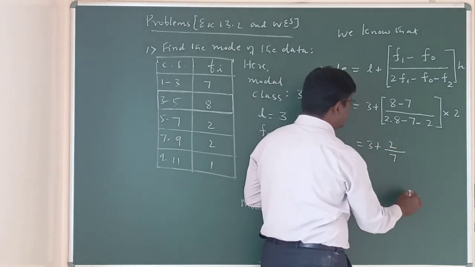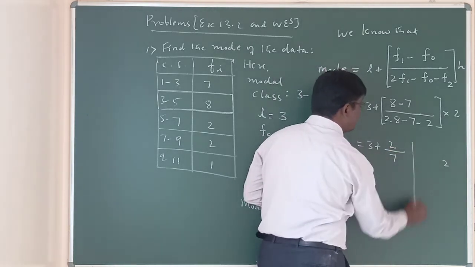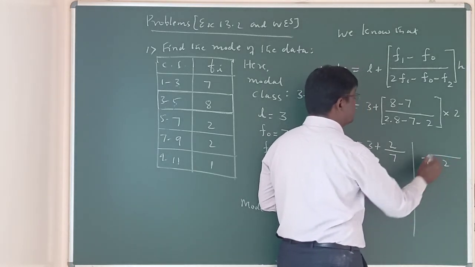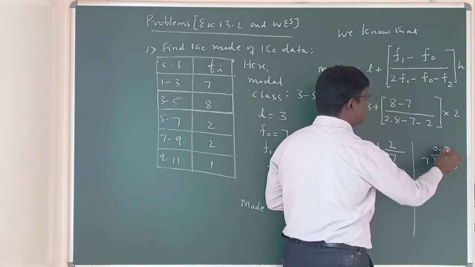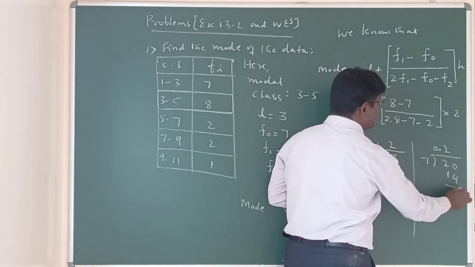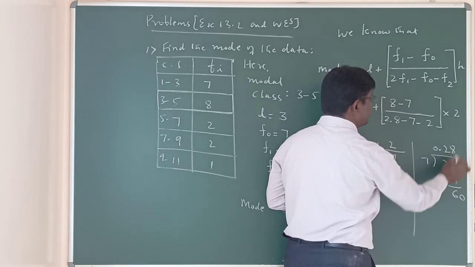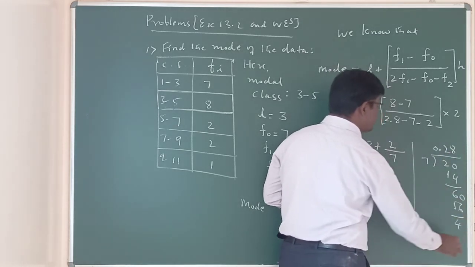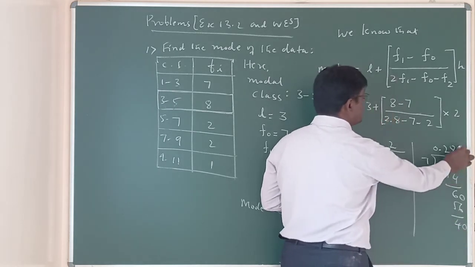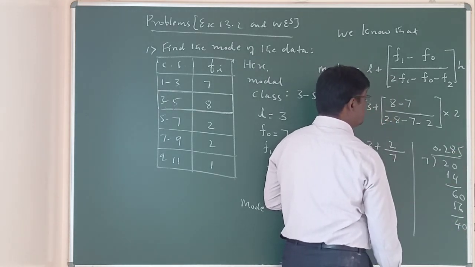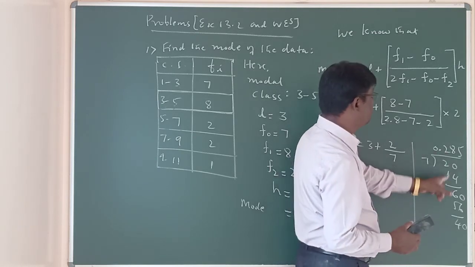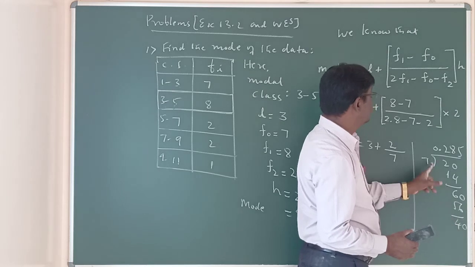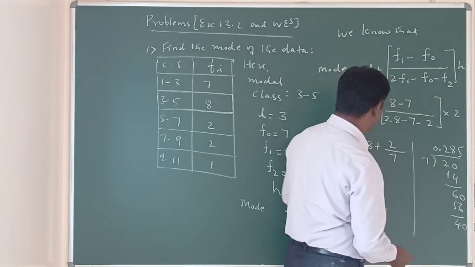Now take it to the rough work. 2 divided by 7: 7 twos are 14, remainder 6; 7 eights are 56, remainder 4; 7 fives are 35. We shall do it once more: 7 fives are 35, 7 twos are 14, 6, 7 eights are 56, 4.